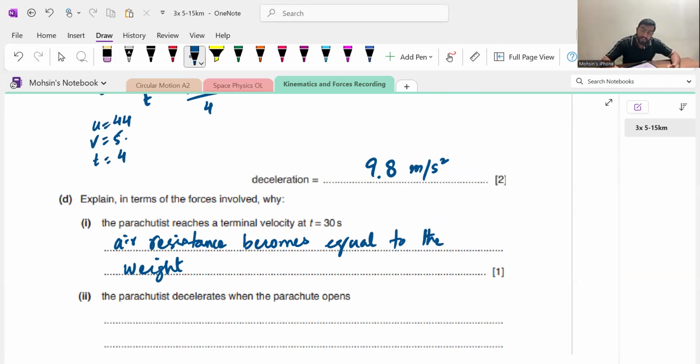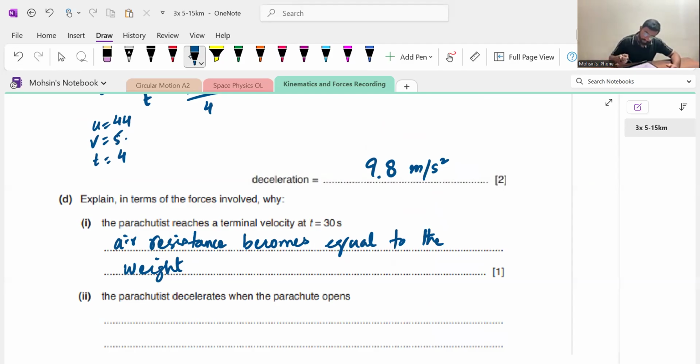Due to the greater air resistance, the resultant force becomes negative if we compare it with the weight, because initially it was zero, air resistance was equal to the weight. But now the upward force, air resistance, is more than the weight, so it will cause the object to decelerate.